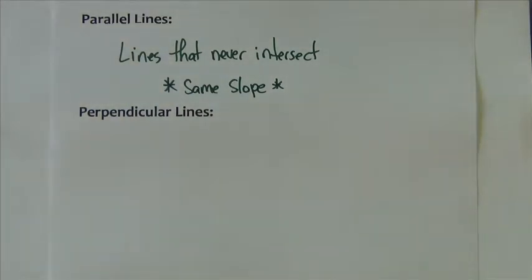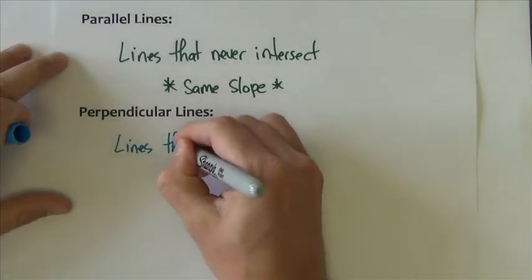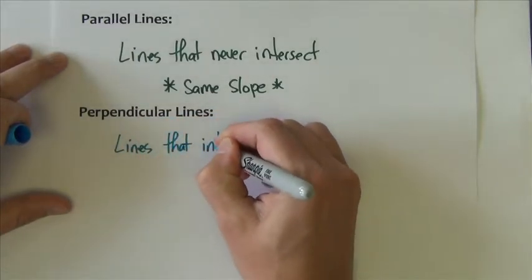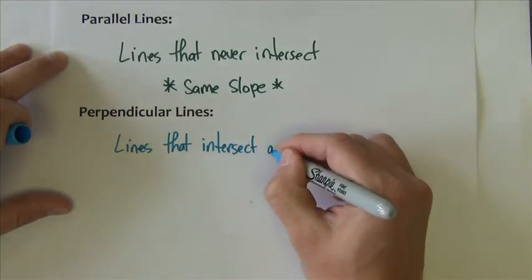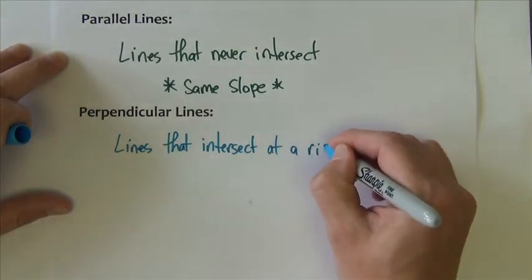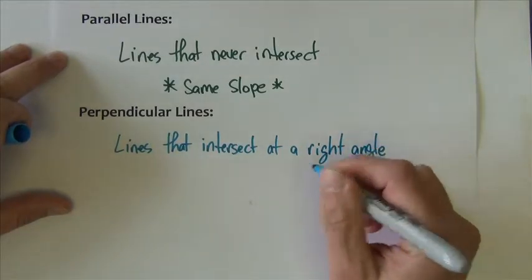Well, in contrast to that, perpendicular lines are lines that intersect, and specifically they intersect at a right angle. Okay?